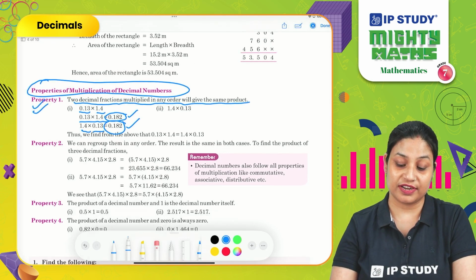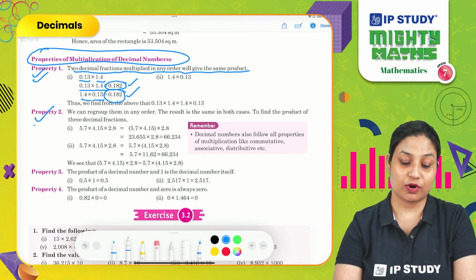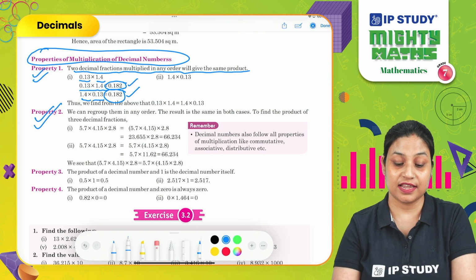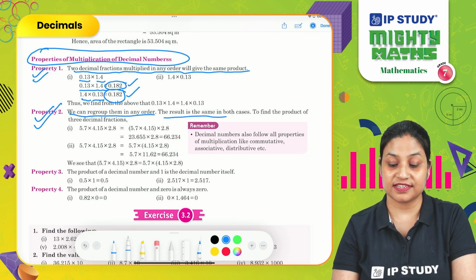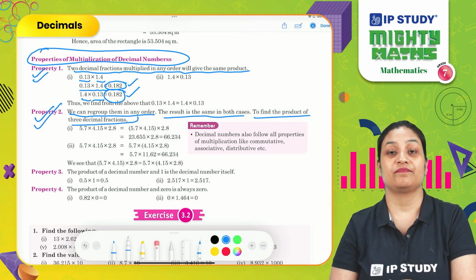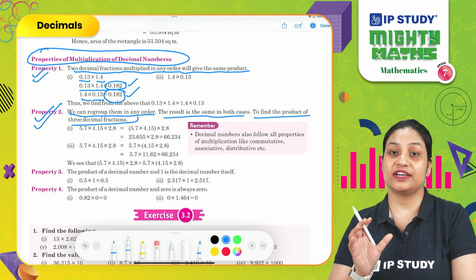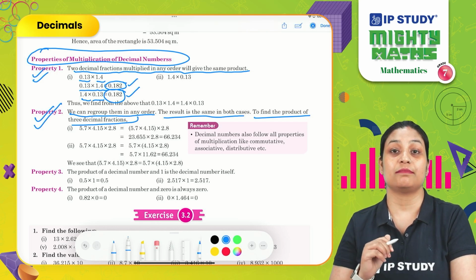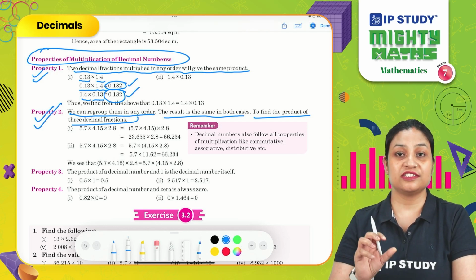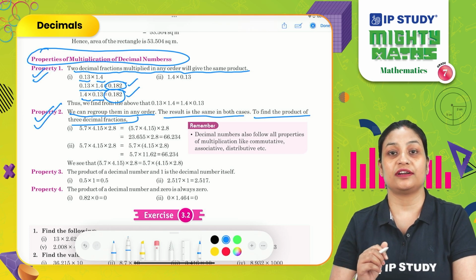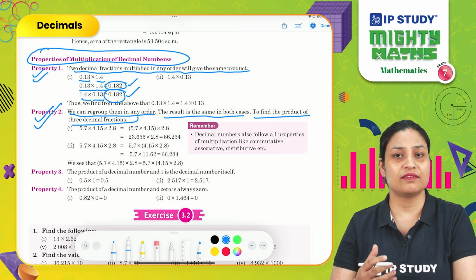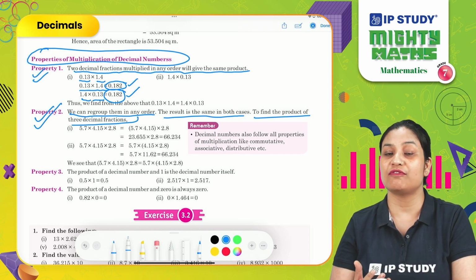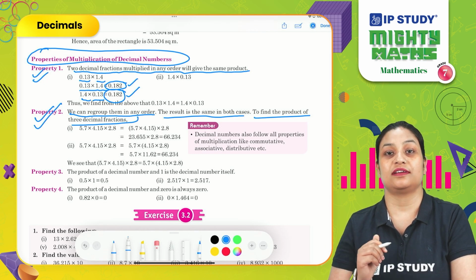Now let's move on to the next property. What is this property? It says we can regroup them in any order. The result is the same in both cases when finding the product of three decimal fractions, right? Suppose you have three decimal numbers and you are supposed to find the product of these three numbers. You can change the grouping of the numbers and find the product. Whatever grouping you form, it won't affect your result. Let's take an example.